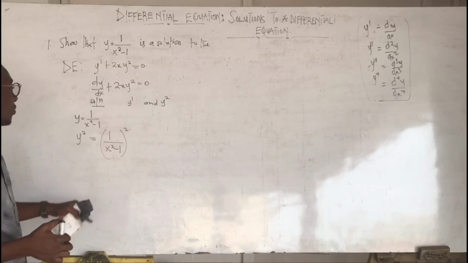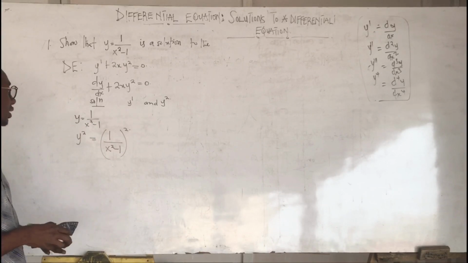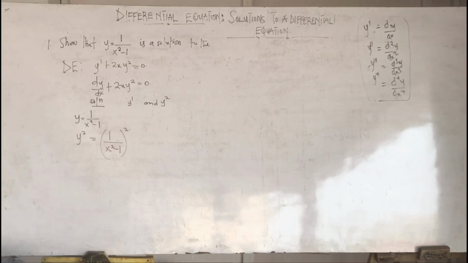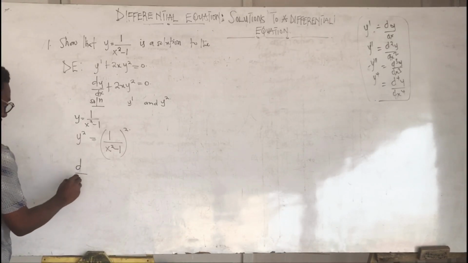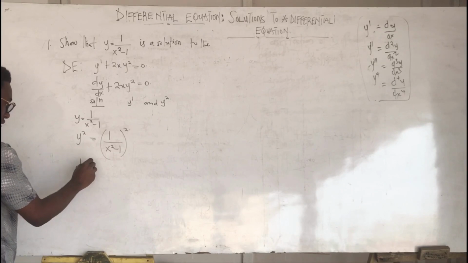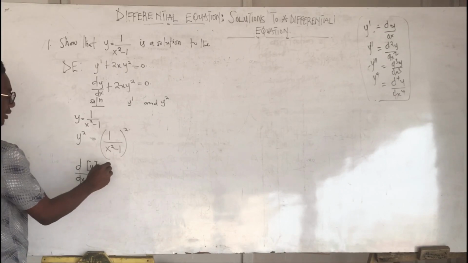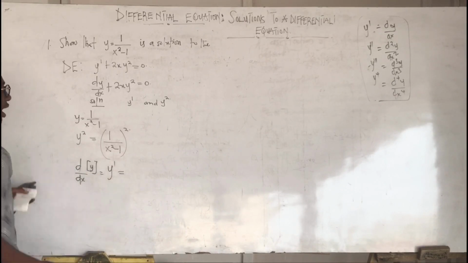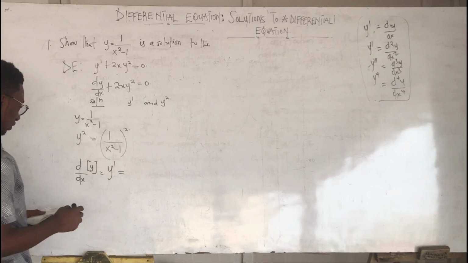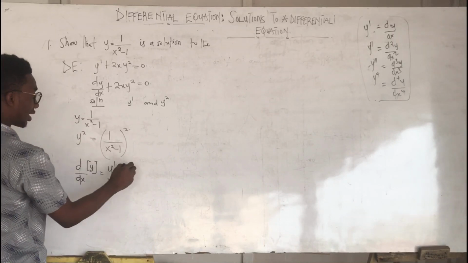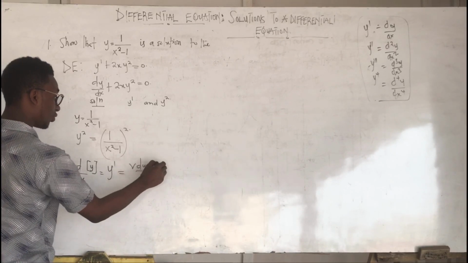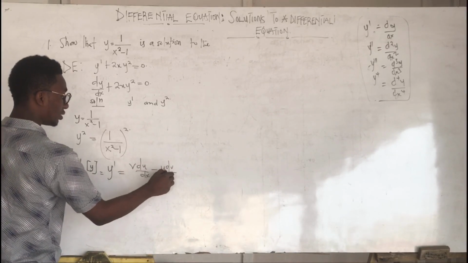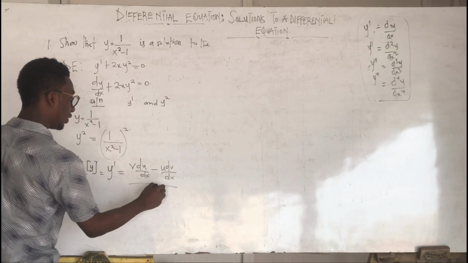Now how do you get our y prime? We have to differentiate. Our y prime is simply the derivative with respect to x of y. Because this is a quotient, the formula is v du/dx minus u dv/dx, all divided by v squared.